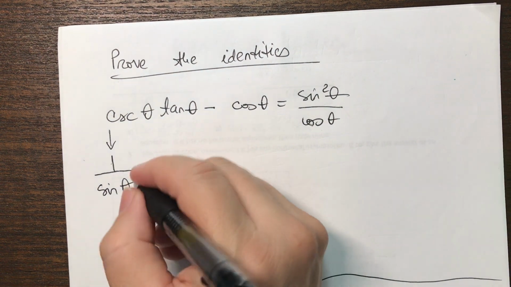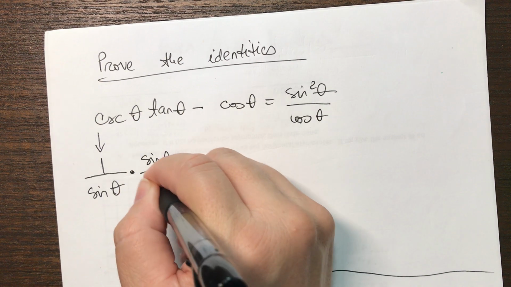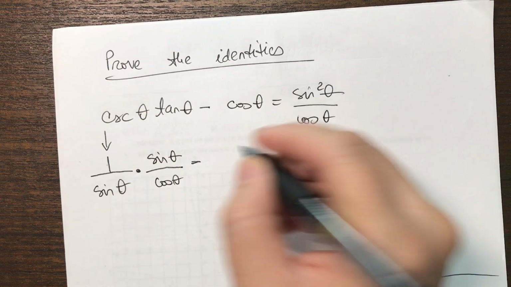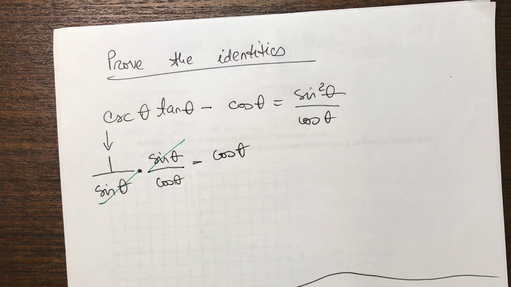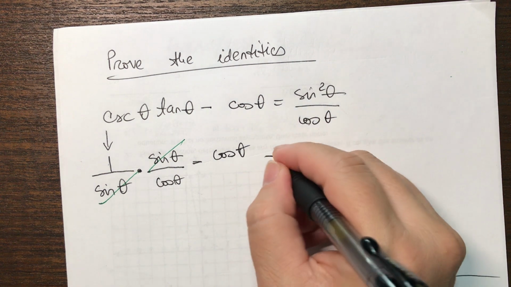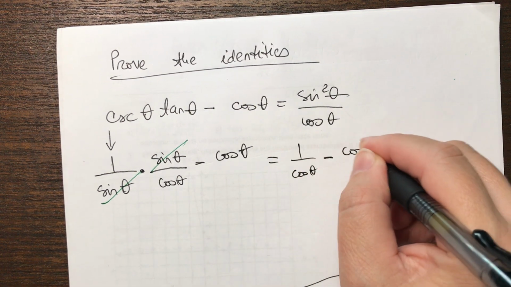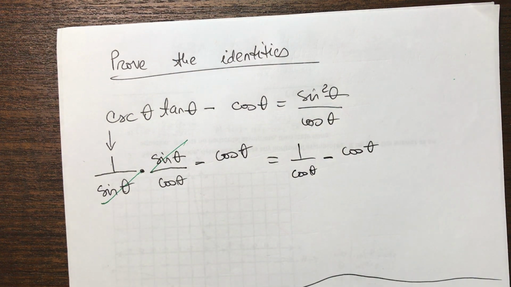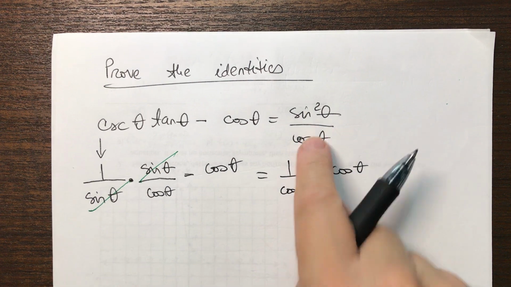Turn everything to sines and cosines. Sure enough, these are going to reduce, and I'm left with 1 over cosine theta minus cosine theta. So it says keep on going, that I don't want it looking like this. I want it looking like that.